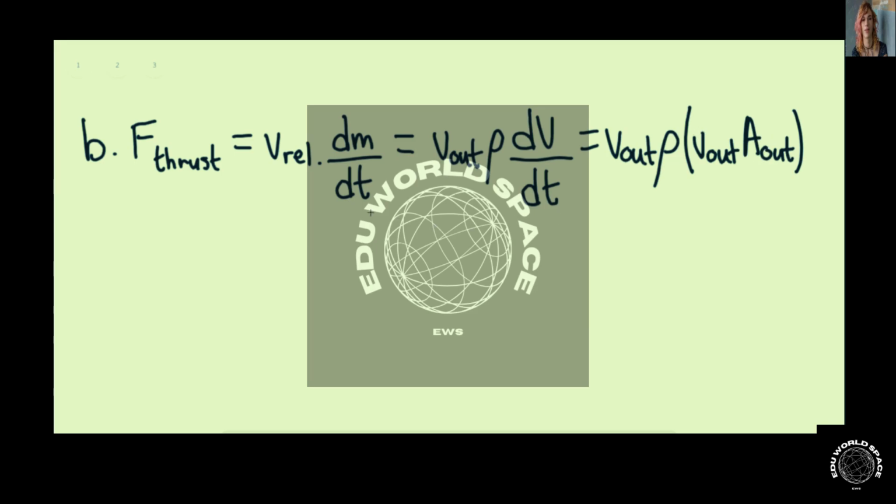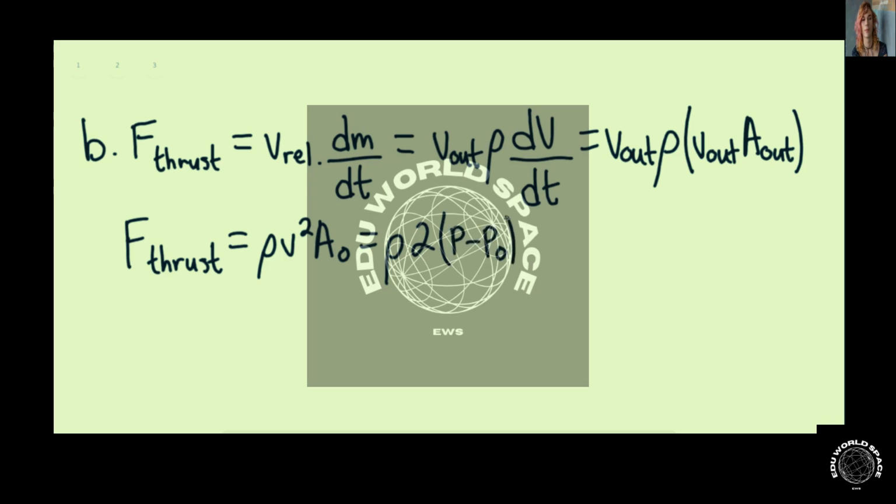And so we can say then that the force of the thrust equals rho V squared A naught. And so this would equal rho times 2 times the change in pressure divided by the density rho.